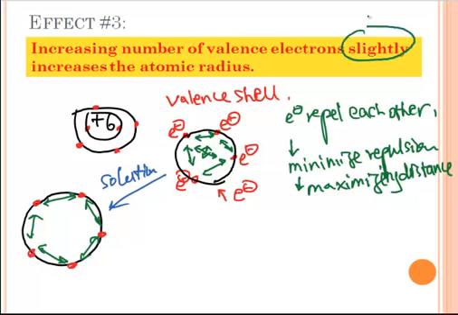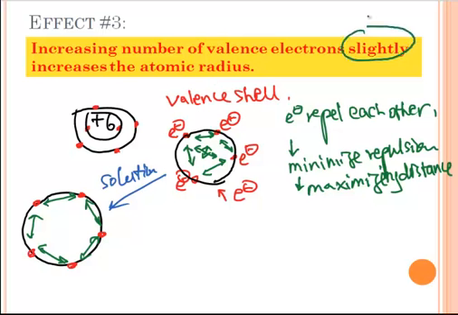Now I'm trying to understand that, so we go back to group 1. For hydrogen, you have +1 and 1 dot. Lithium has +3, 2 circles, 1 dot. Sodium has +11, 3 circles, 2 dots, 8 dots, and 1 dot.